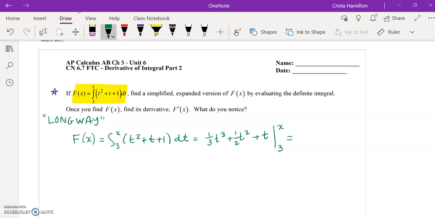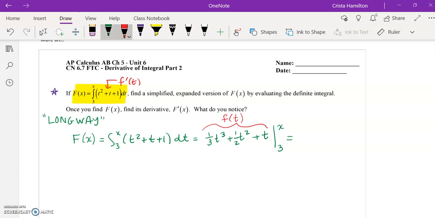Notation-wise, just so that we can talk about this, let's call this derivative little f prime of t. All right? And then let's call this antiderivative, which remember is just one of the many antiderivatives, little f of t.